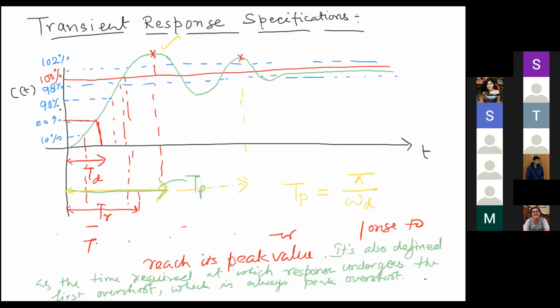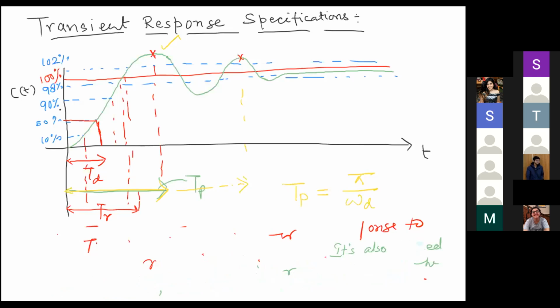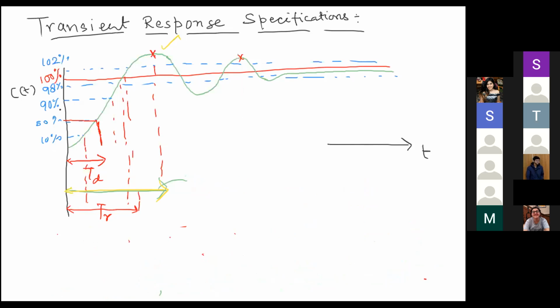Now, another point that we are going to learn through this plot is peak overshoot. The next point is peak overshoot.